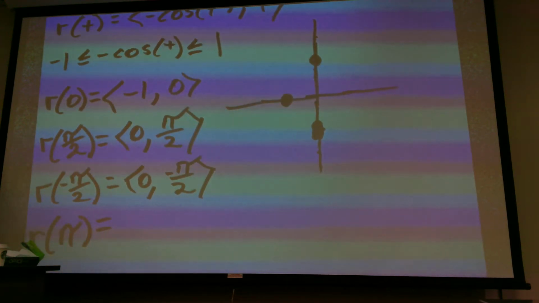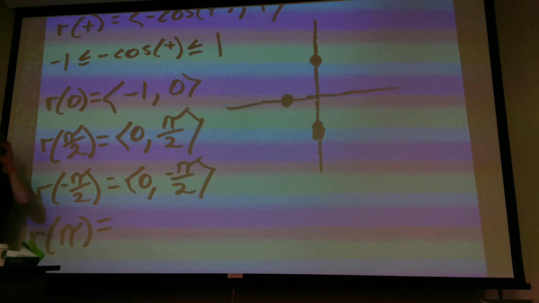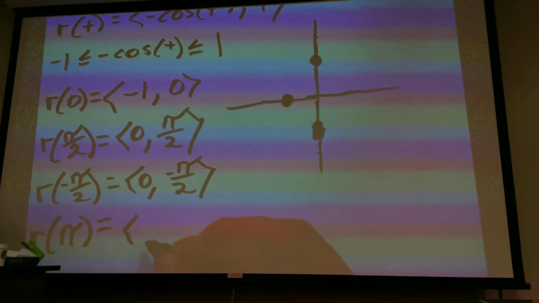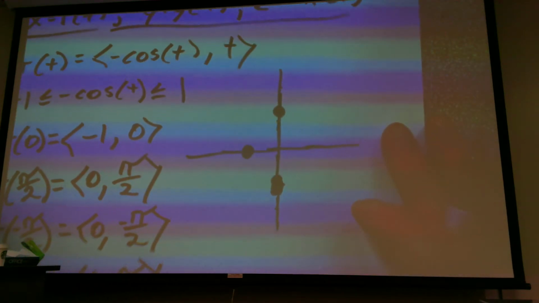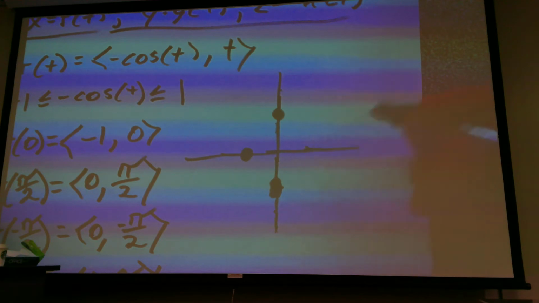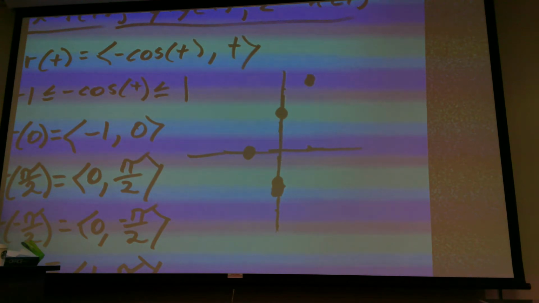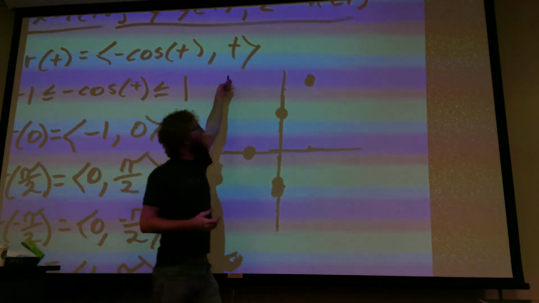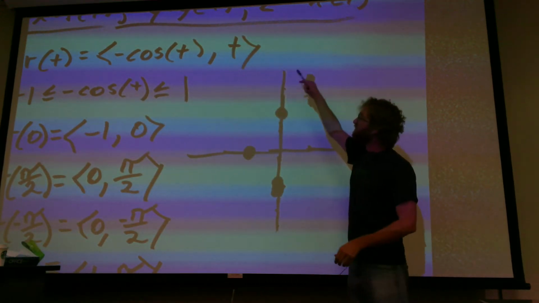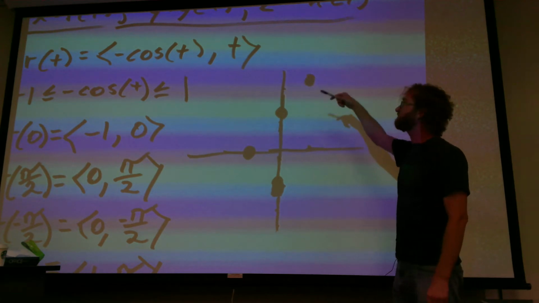Now cosine of pi is -1, but this is negative cosine of pi, so the negative and the negative will cancel each other out. So that would be 1, comma, pi. And so that point would be shifted over by 1, and it's going to go up to this point of pi, right here. Okay? So t is changing in the y direction, but the x direction is corresponding to negative cosine of t.